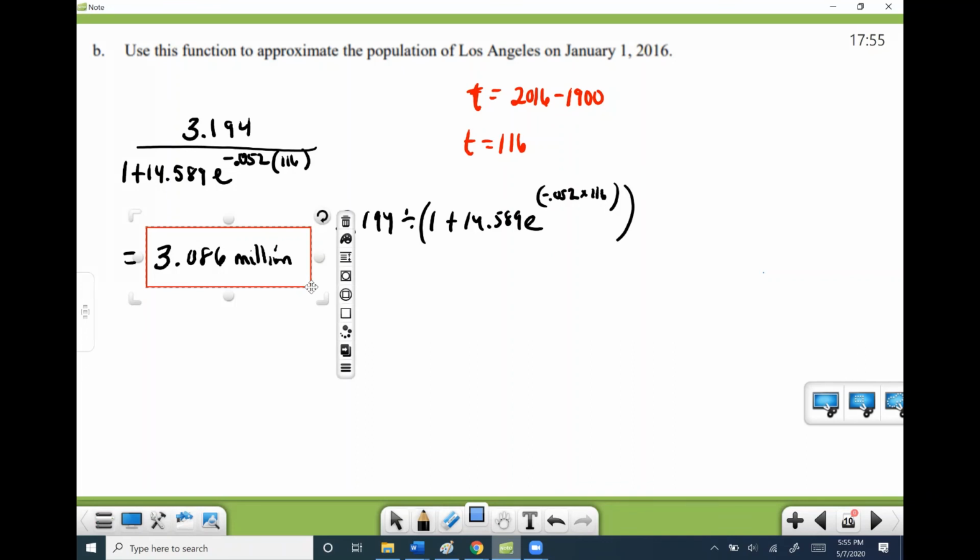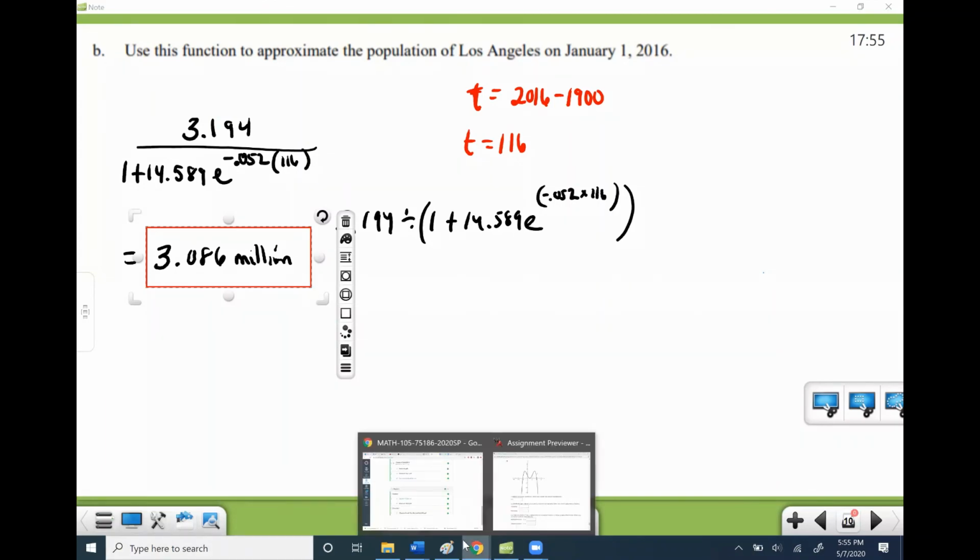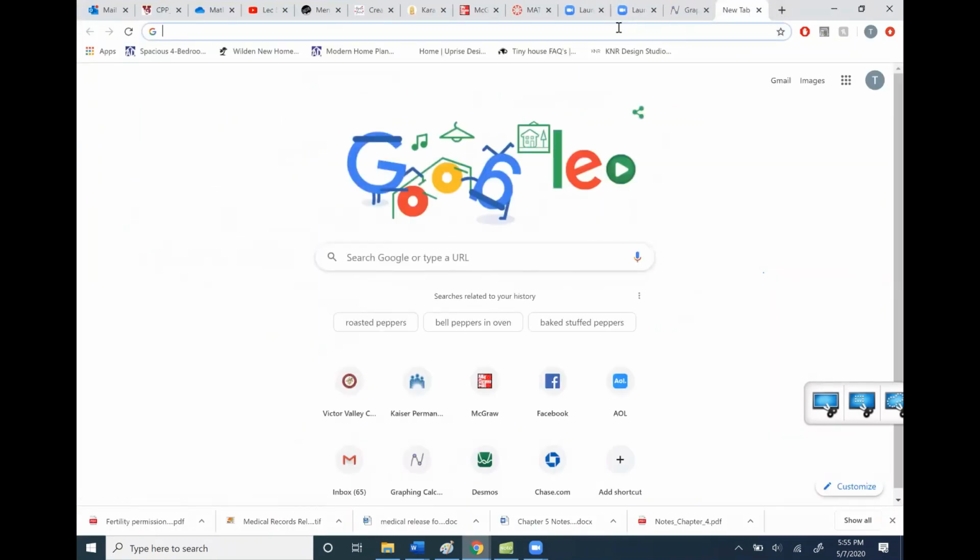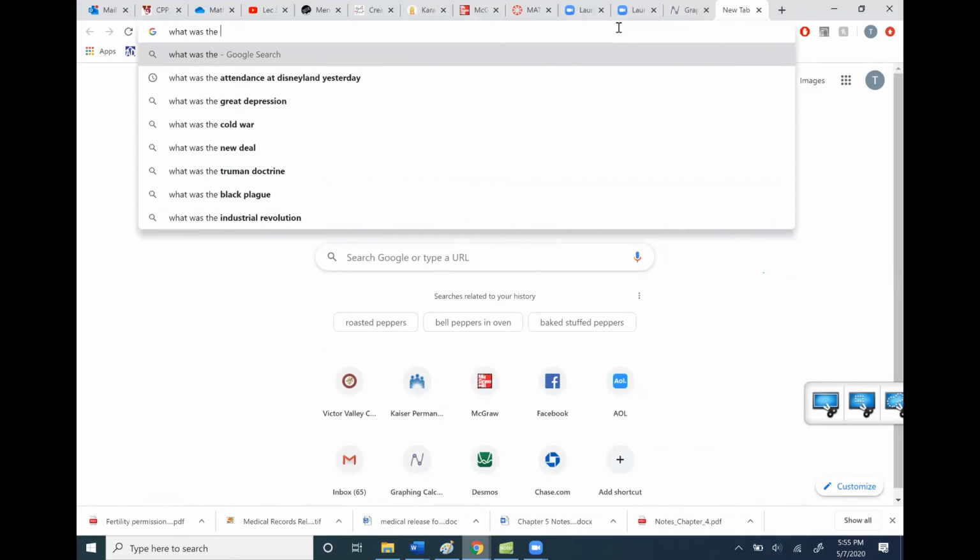Okay, now I want to check and see how accurate that is. Let's see what the population of Los Angeles was in 2016. So 3 million-ish is what we're getting. What was the population of Los Angeles in 2016?